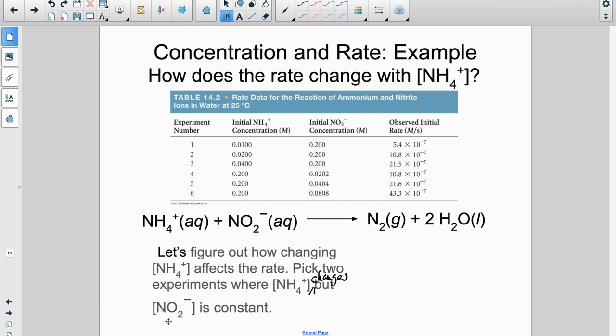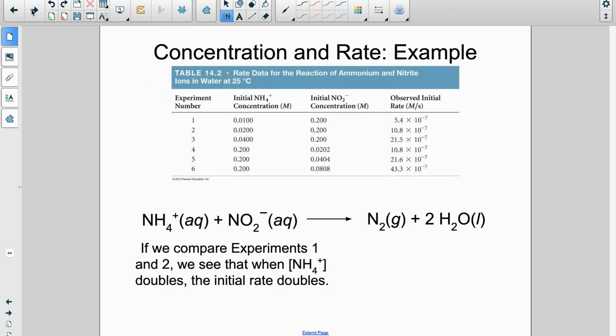We want to take that out of consideration. So if we look here, experiments 1 and 2 are where NH4 plus changes, but NO2 minus is constant.